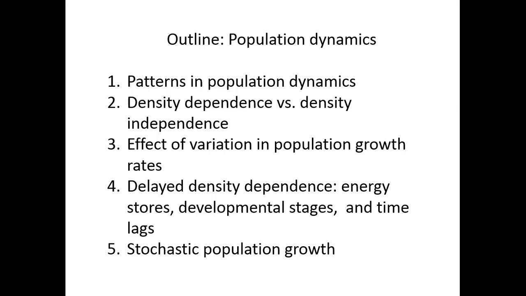We'll then look at a fourth thing, density dependence, but delayed density dependence. And we'll explain what that means, but that's an important reason why both exponentially growing and geometrically growing populations may show instability. And then finally, we'll talk about something that's really actually quite important, but doesn't get a lot of press, and that's stochastic population growth, where we have a lot of random variation in things in the life table.